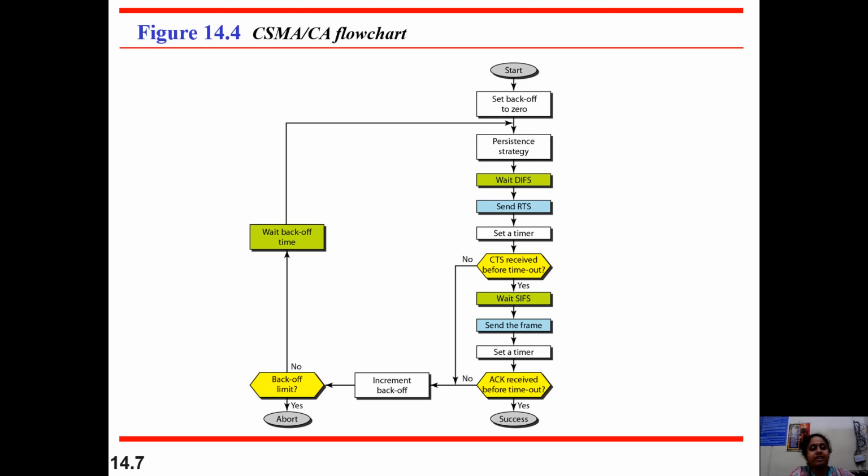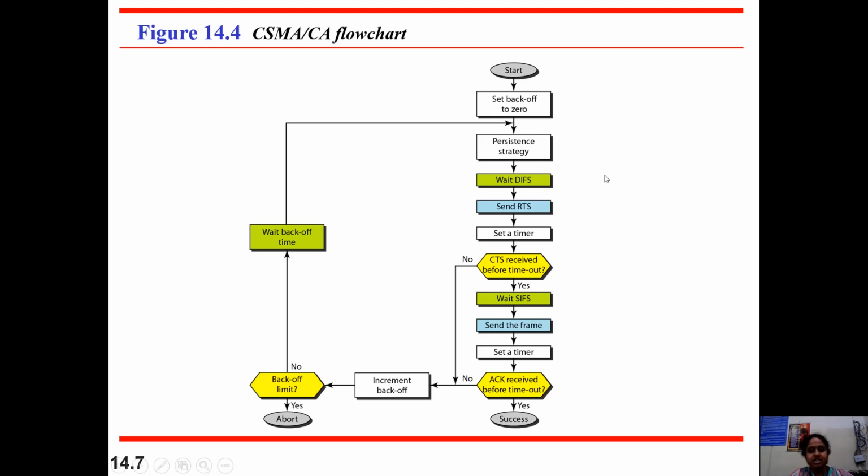If collision is detected, then some corrective action is taken, so the retransmission takes place. In wireless networks, it is not possible to detect the collision in all cases, because of path losses or attenuation when the signal travels in the wireless channel. That is why, instead of detecting the collision, collision avoidance is used in wireless LANs. And the collision avoidance protocol is known as CSMA-CA protocol.